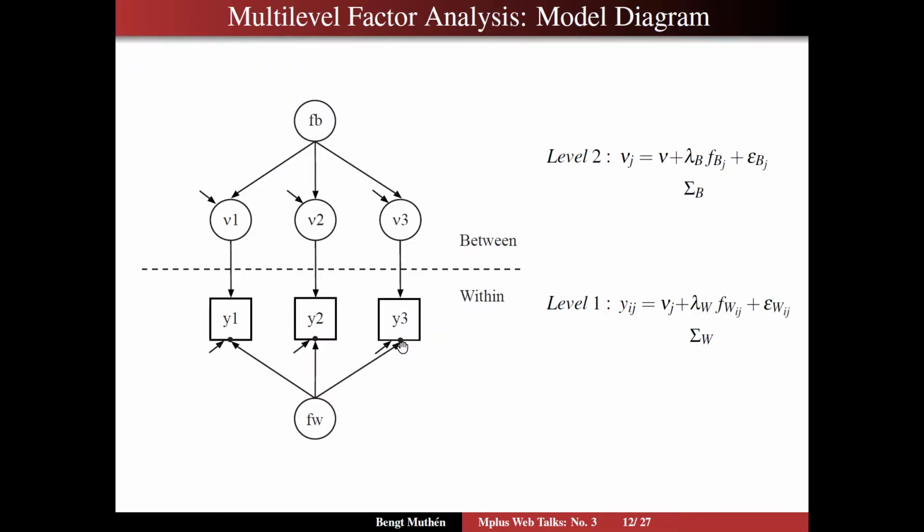And then these filled circles, marking the fact that we have a random intercept, become open circles, that is, continuous latent variables on the between level, that is level 2, that is nu j is equal to nu plus lambda b fb plus epsilon b. So here we have the fb, lambda b loadings and epsilon b, and here nu 1, nu 2, nu 3 are the 3 different random intercepts.